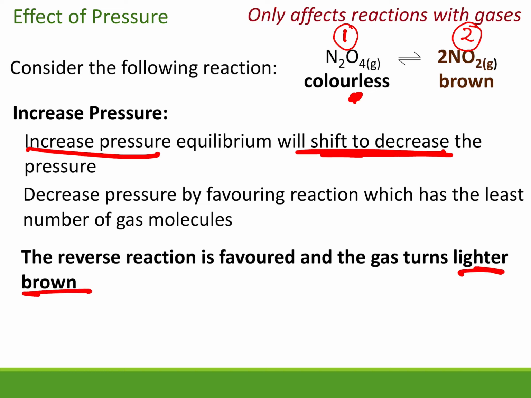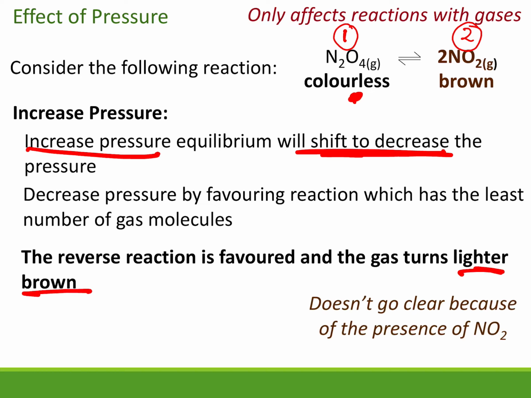Note I haven't said colorless. Why? Because there must always be NO2 present in the reaction. Always. You cannot get around this. Okay? When we have a decrease in pressure, something needs to happen that will increase the pressure. How do we increase the pressure? By favoring the side of the reaction that has the most number of particles.